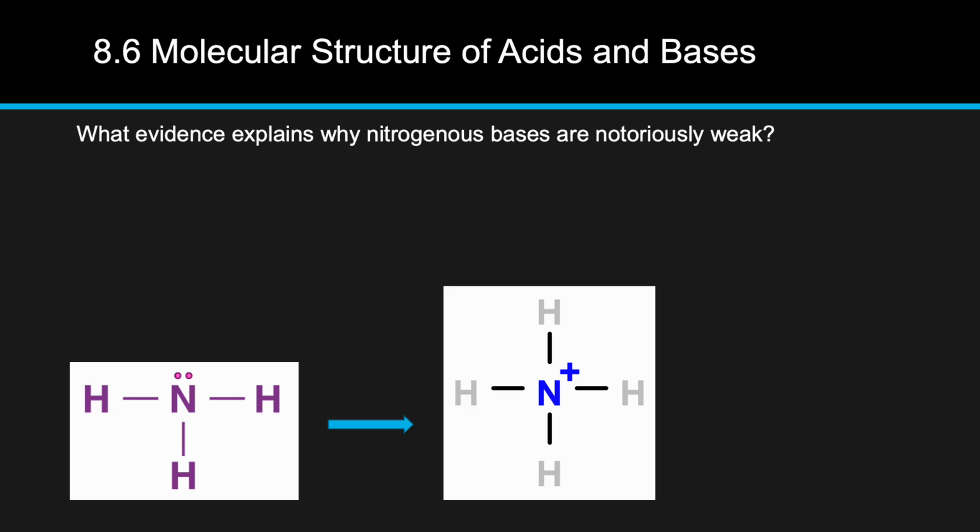Nitrogen is moderately electronegative, which means the pull that it has for a proton is not super strong. So even though it has a lone pair to donate to a proton to form a bond, nitrogen isn't attracting protons as readily as something like fluorine or chlorine.